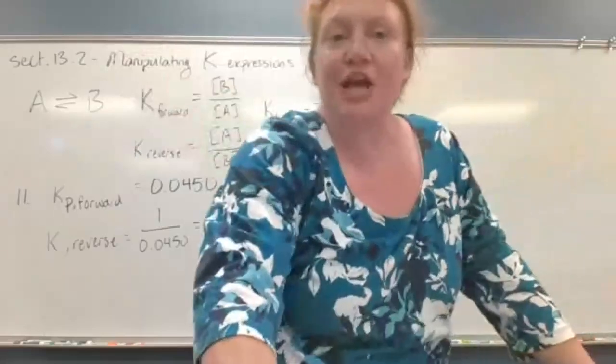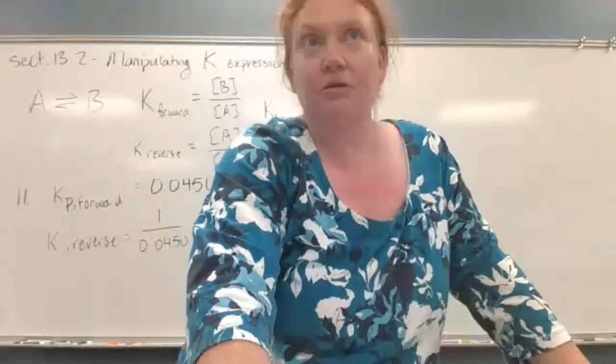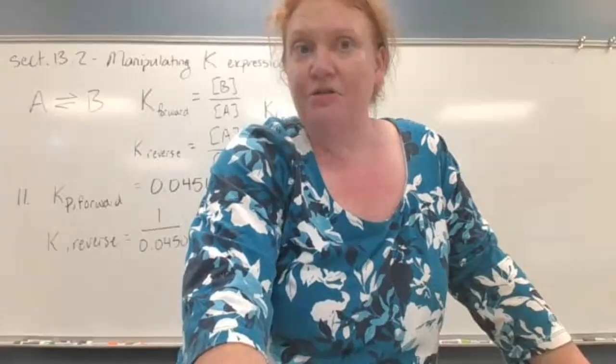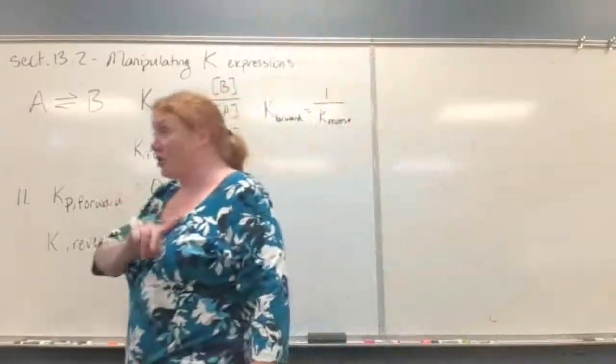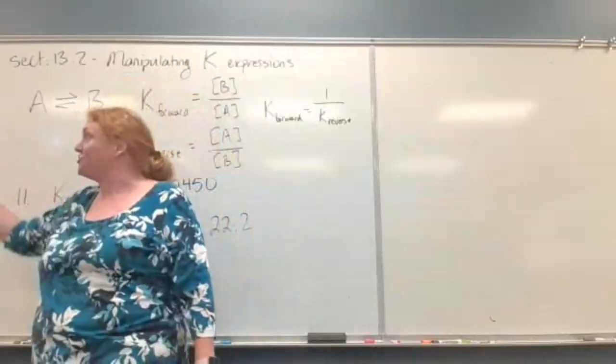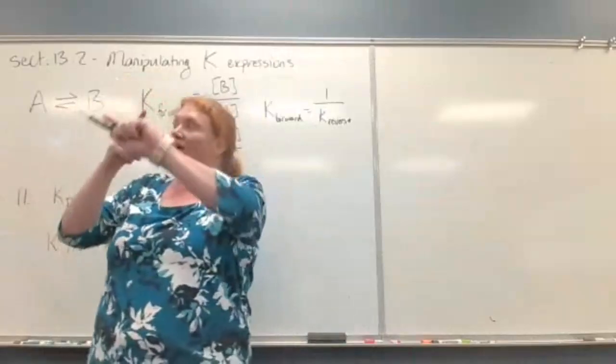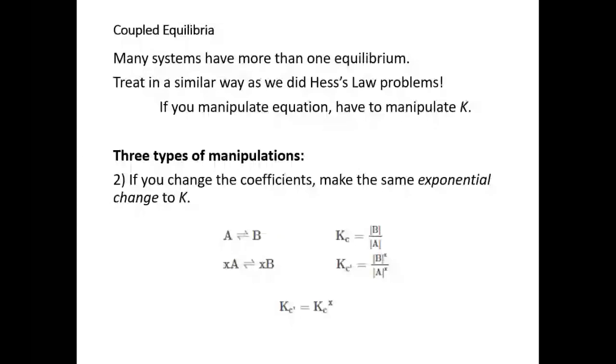If you change the coefficients in your K expression, you're changing the exponents, because that's where the coefficients go in the K expression. Coefficients are the exponents. If you change the coefficients, you're changing the exponents.